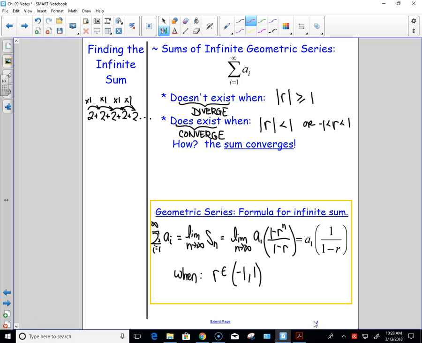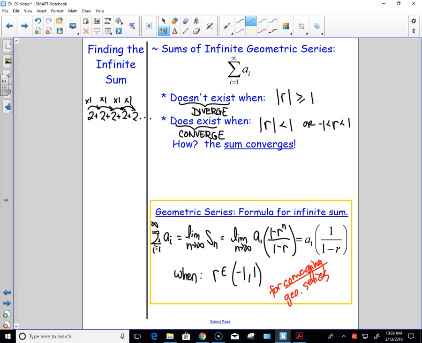But once again, this formula will only get me to a sum when the series converges. This sum will only exist for converging geometric series. And the reason it will only exist for converging is because convergence only occurs when r is in between negative 1 to 1.